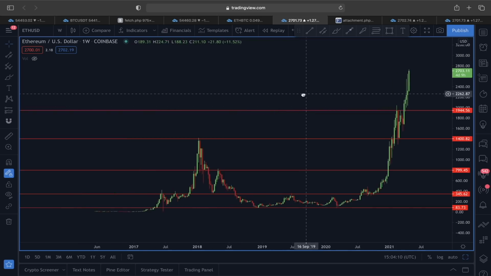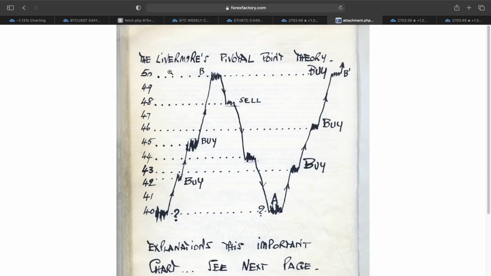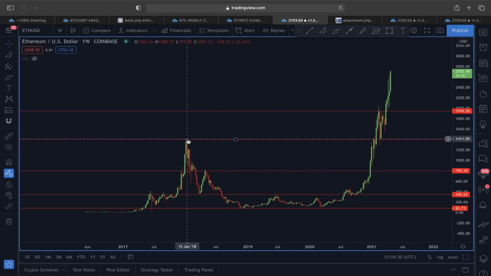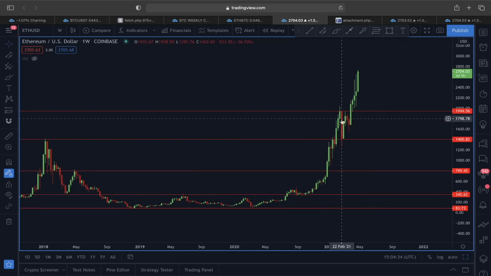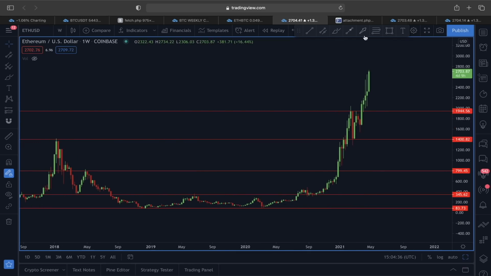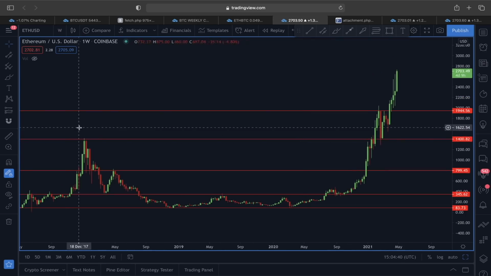If you monitor the price structure here of Ether, I have told you guys so many times, according to Livermore's pivotal point theory, breaking the previous temporary resistance line is going to be a buying opportunity. And if you look at this here, when we broke out of the previous temporary resistance line, price started moving up. We saw this pullback and many were like, hey, now this has actually failed because the price is again back at the previous temporary resistance line.